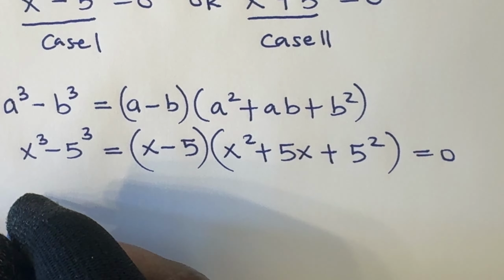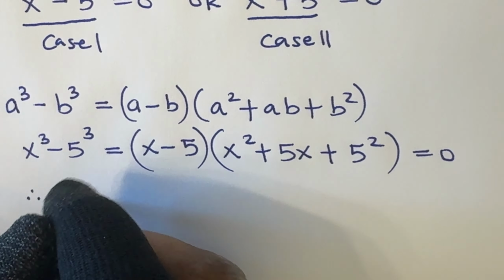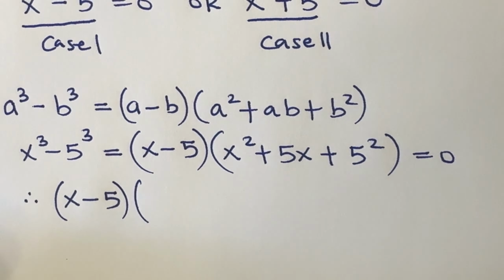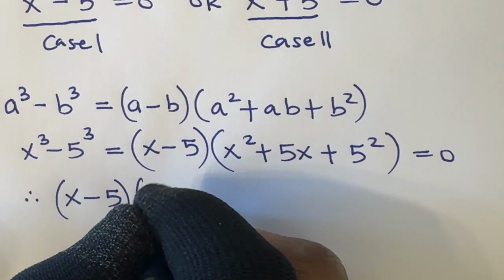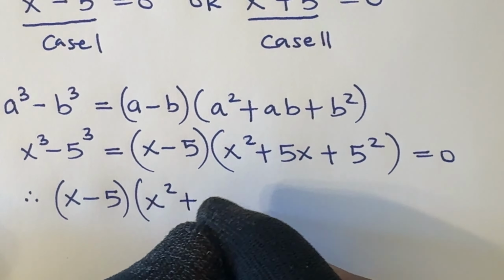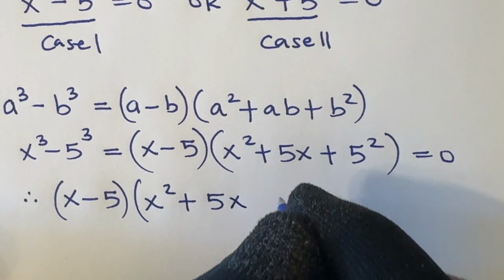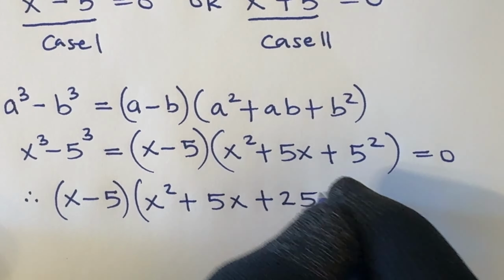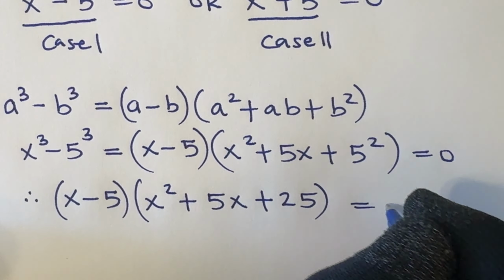Therefore, x minus 5 into x squared plus 5x plus 5 squared, here is 25, is equal to 0.